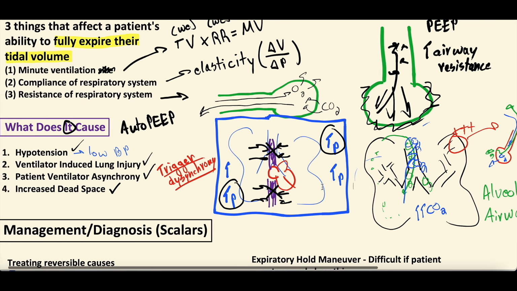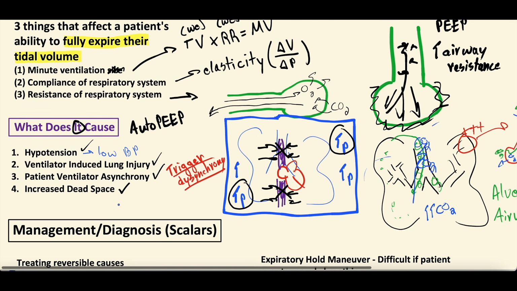So if ventilation is your tidal volume times your respiratory rate, that is your minute ventilation, right? We went over that equation up here. And if your minute ventilation is partially related to your tidal volume, and let's say your tidal volume is 400, but you start breath stacking, so you only breathe out 350 cc's, that means there's 50 cc's here that are never part of the gas exchange equation.